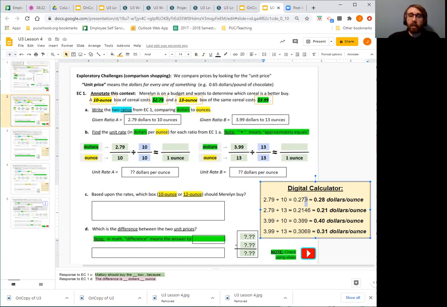And that's because if you have a 9 as your next place value, that's so close to being the next place value that you can basically say that that's approximately the same thing as 0.28 instead of 0.27. And that's because 9 is more than halfway to the next number. So it's approximately $0.28 per ounce. And so that's what I'm going to put here, $0.28.